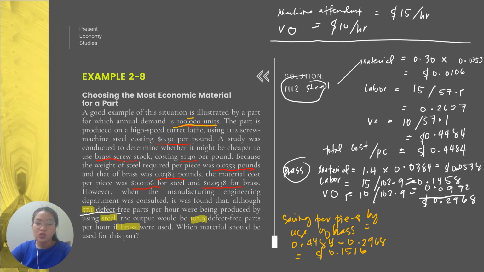So the second example in your lecture notes, can we check that one? Choosing the most economical machine for production. So that is what you need to consider. Okay. So, that's it for choosing the most economic material for a part.